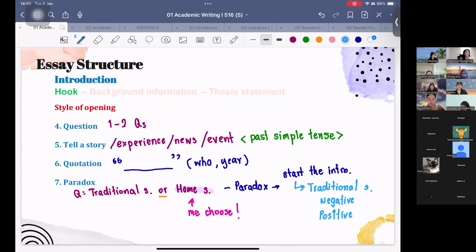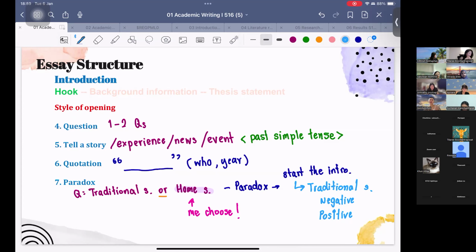But if you recall something that already happened, like a story or an experience, make sure you write those in past simple tense. Stick with the simple one. No need for past continuous. Just past simple. That's all.